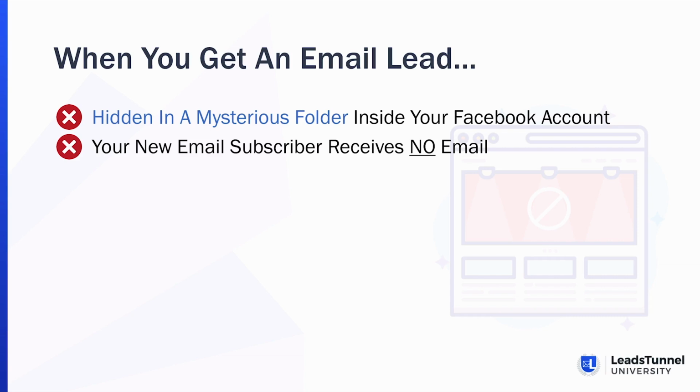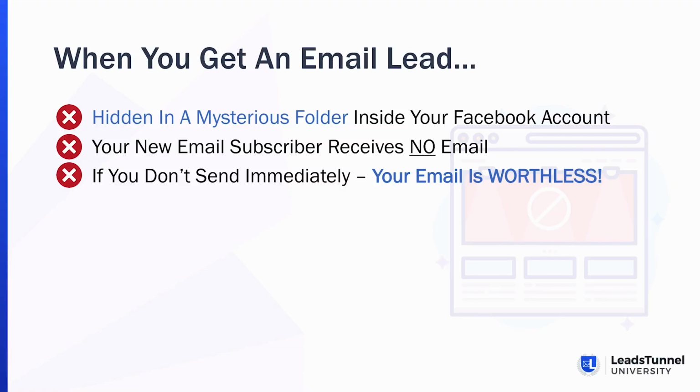And your new subscriber or your new lead receives no email. It is just information right into your account and there's nothing happening to it. And if you don't send an automated message right away, your lead and email is absolutely worthless because they will forget about you. They will absolutely forget about you. So within a couple of minutes or even seconds, you want them to actually get an automated message.